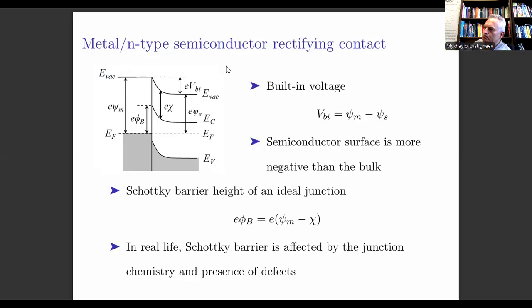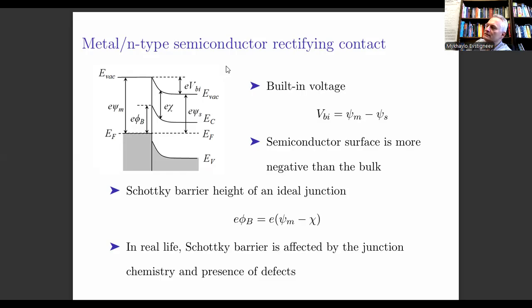Now the surface states act, from the point of view of the semiconductor bulk, as a heat bath, and now the semiconductor bulk must align its own Fermi energy with this charge neutrality level.